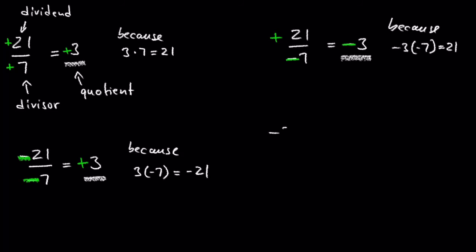And negative 21 divided by 7 is equal to negative 3. Because negative 3 times 7 is negative 21. Different signs. The answer is negative.